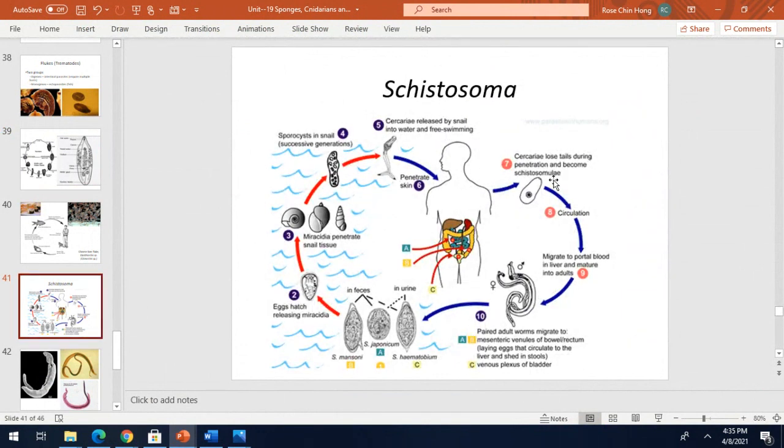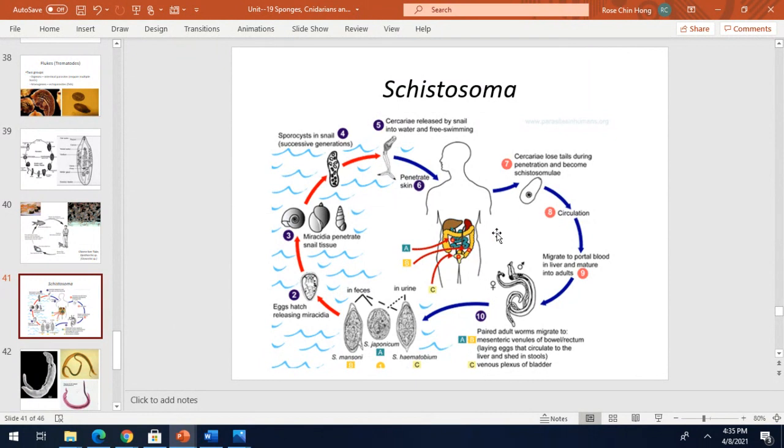But the Schistosoma, this is the blood fluke, all right? The prior one is the liver fluke. Now, this is the blood fluke. This is the life cycle of it. This is dioecious. They're separately sexed. You have a male Schistosoma and a female Schistosoma, all right?